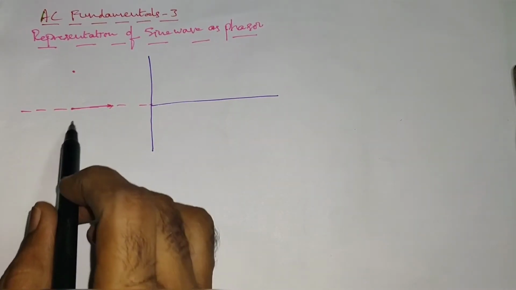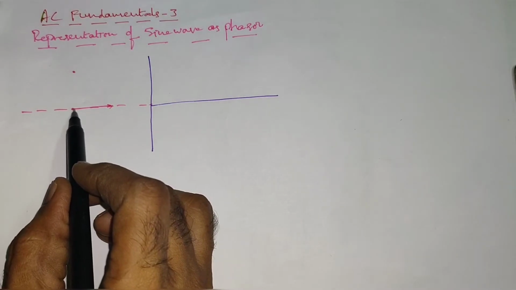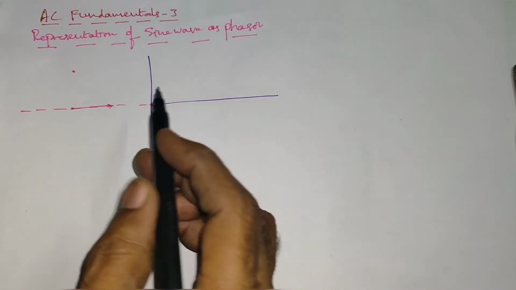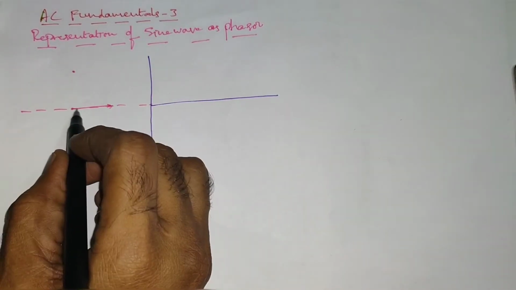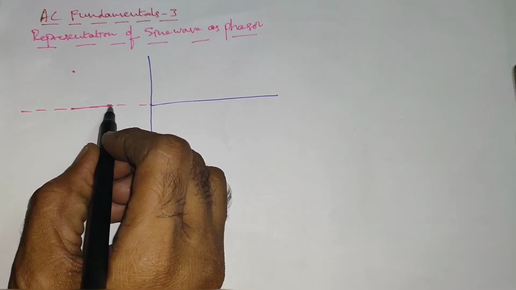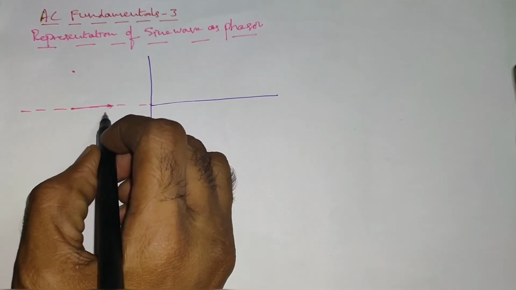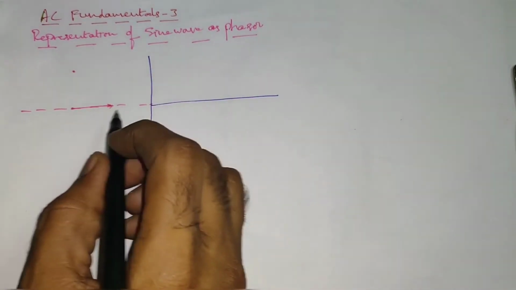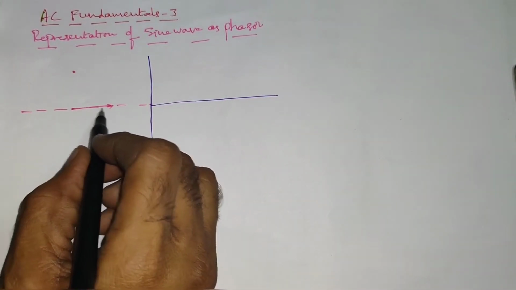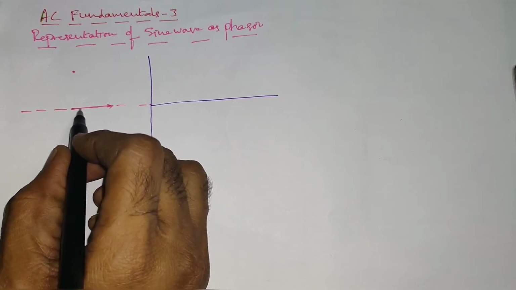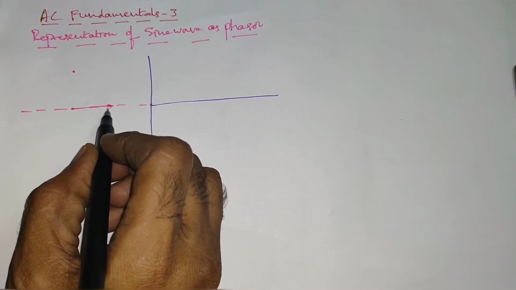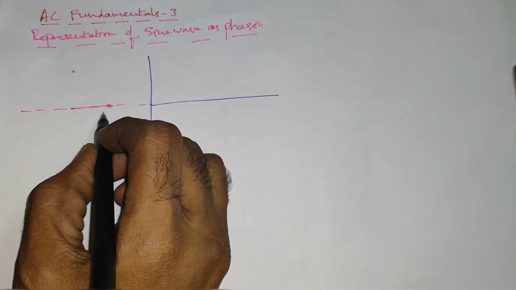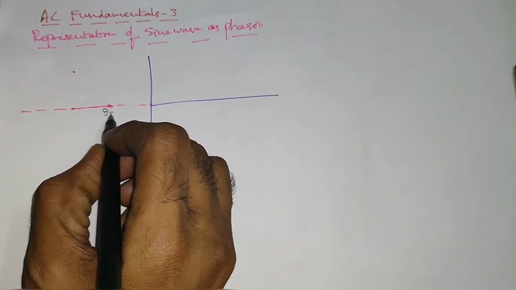First, I am going to consider a vector which is placed here having a magnitude equal to the maximum value of the sine wave that we are going to generate. At this position, say when this vector lies along the horizontal, consider this instant as theta equal to 0.